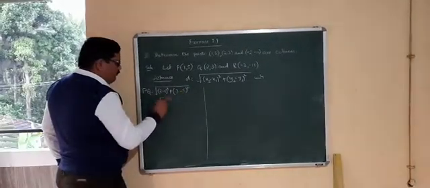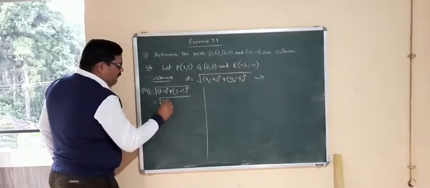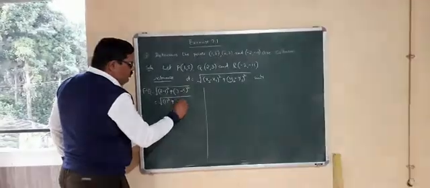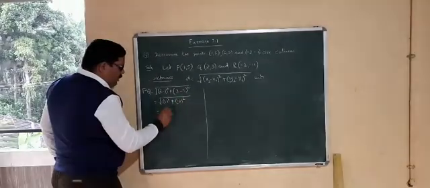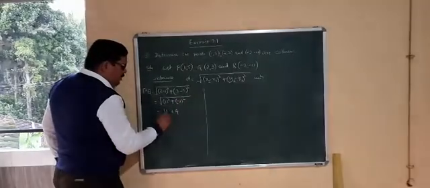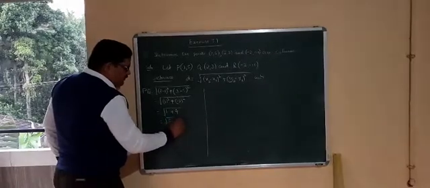So 2 minus 1 whole square means 1 square, plus 3 minus 5 is minus 2 square. 1 plus 4, it is root 5 units.